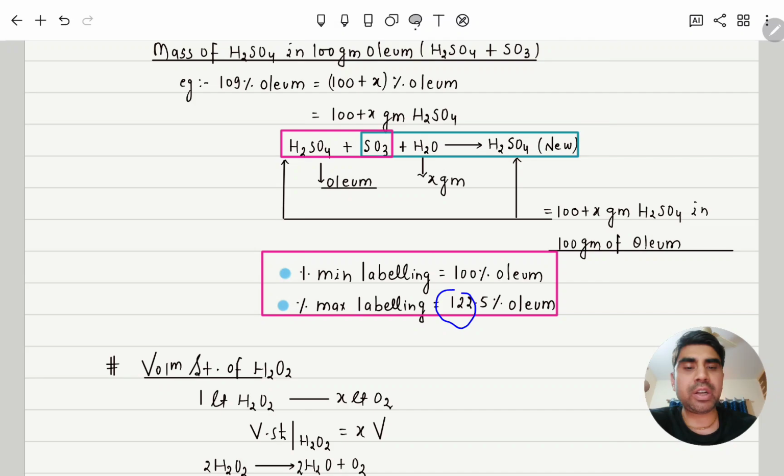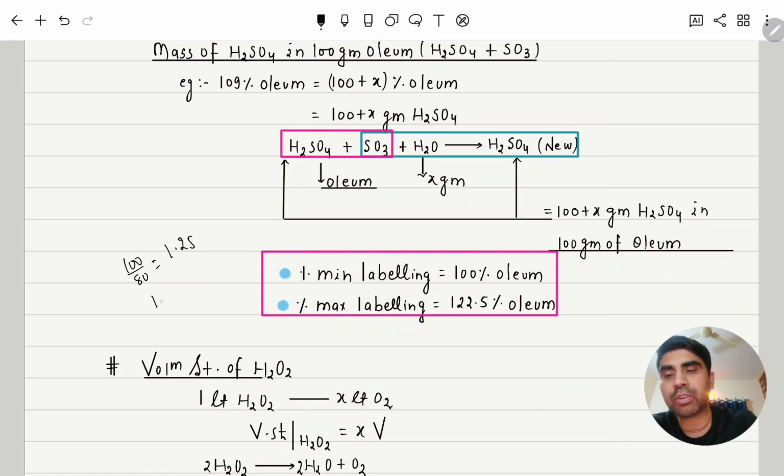Let's suppose in 100 gram of oleum, 100 gram of SO3 only is there. So 100 divided by 80 will be how much? 1.25. 100 divided by 80 will be 1.25 mole.